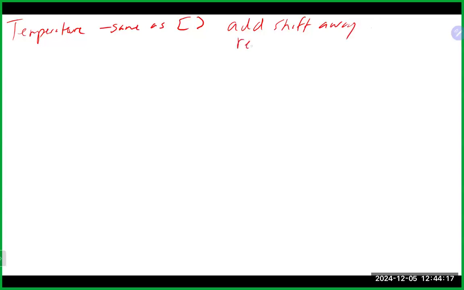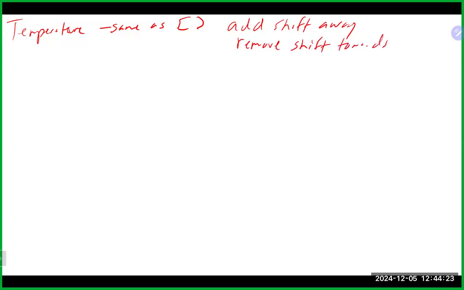You can also deal with temperature. And when we deal with temperature, it works the same as concentration, which means if we add, it will shift away. And if we remove, it will shift towards it.